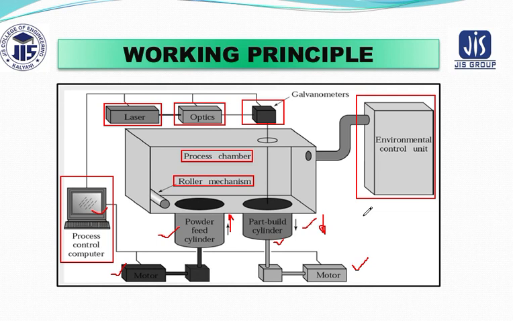Now, a thin layer of powder is first deposited in the part building cylinder. Here you can see the powder. The roller mechanism is used, and slowly the powder is deposited over the part building cylinder.